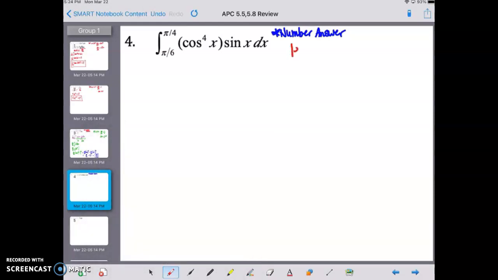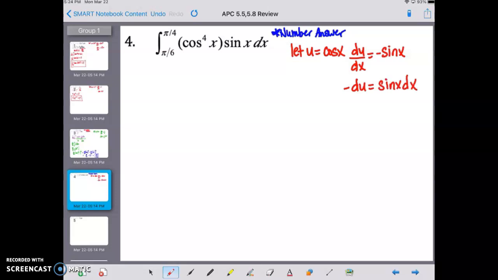So let's try that. I'm going to let u be cos x. So then du dx, derivative of cosine is negative sine x. And again, I could multiply both sides by dx and divide both sides by negative 1. So I get negative du is equal to sine x dx, which is what I'm trying to match with over here.